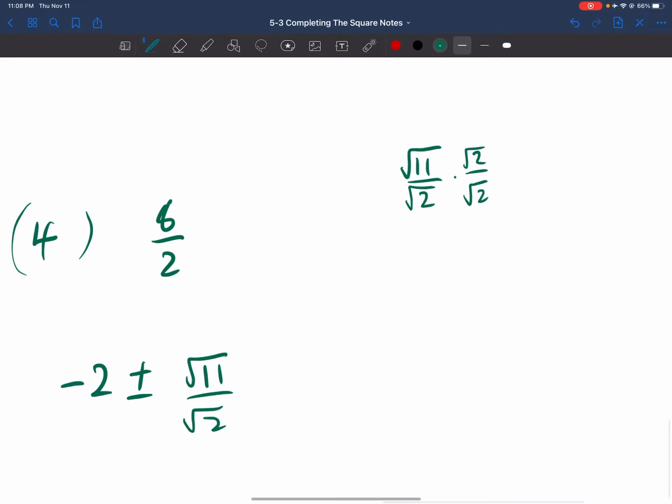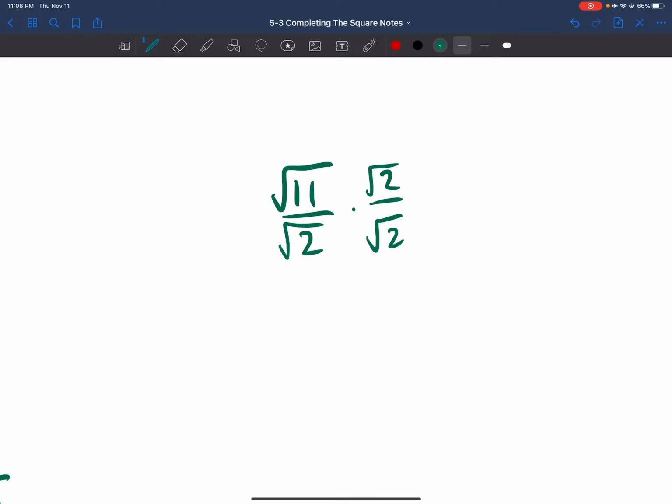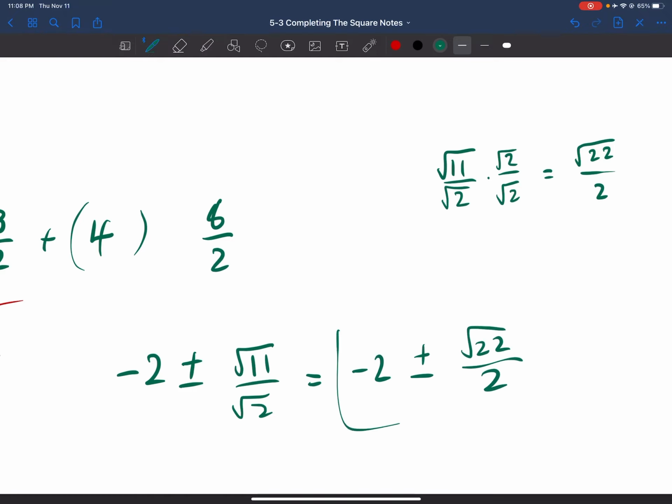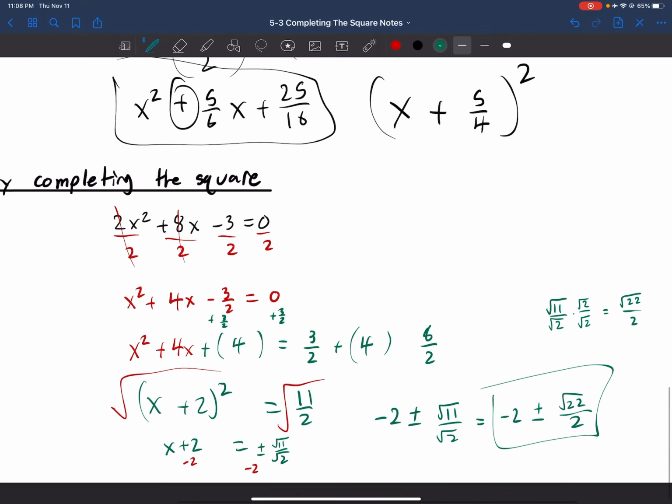And so this becomes rad 2 times rad 2 is rad 2 squared, or just 2 in the denominator. And square root of 11 times square root of 2 is going to give us our square root of 22. So this is really negative 2 plus or minus rad 22 over 2. And that would be our final set of 2 roots.